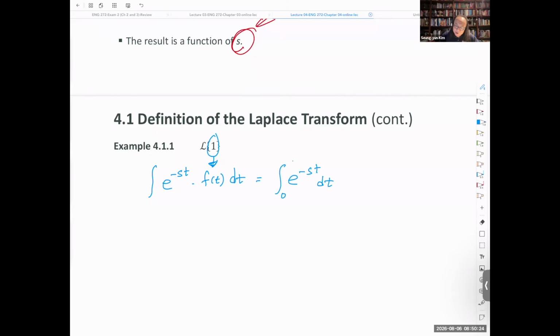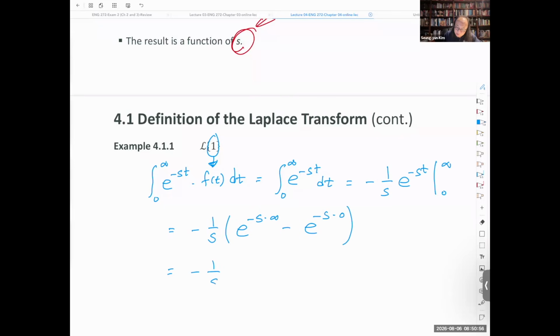We said going from 0 to infinity, and that is negative 1 over s e to the negative st, going from 0 to positive infinity. That is negative 1 over s times e to the negative s times infinity minus e to the negative s times 0.